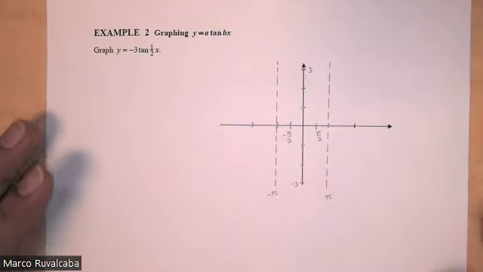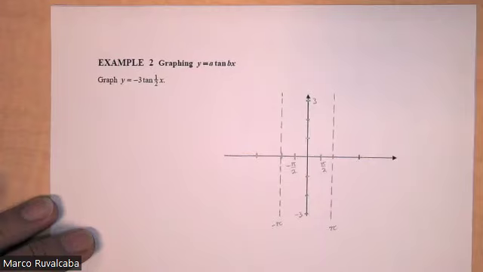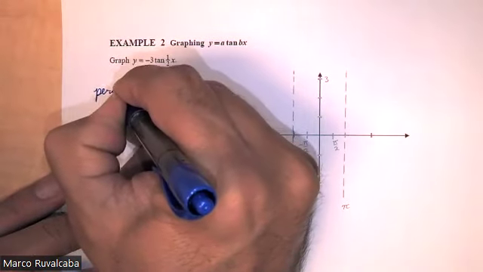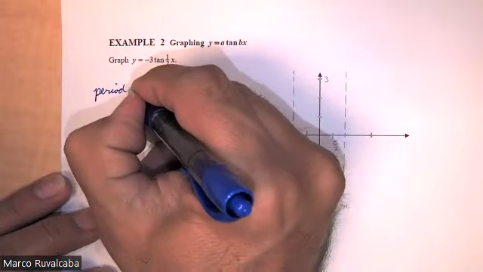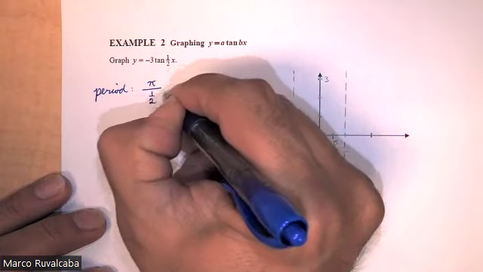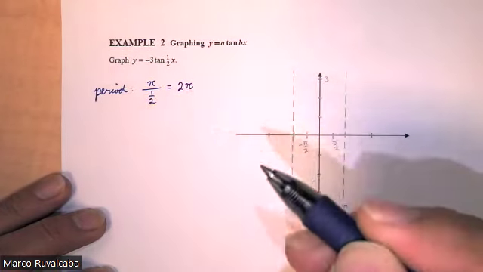So this is negative 3 tangent of 1/2 x. So let's find the period for this one. That'll be pi divided by b. b is 1/2. So pi divided by 1/2 is 2 pi.